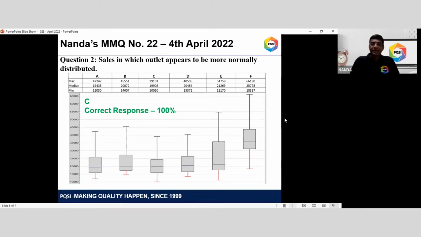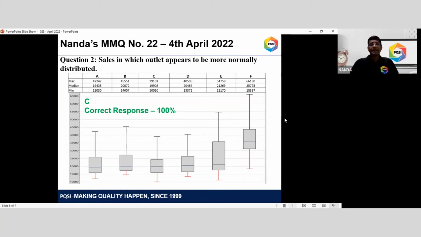Well, as expected, this was a very straightforward question, and I'm happy that all the respondents got the answer correctly. I'm so happy that you're able to get the insights a box plot can give you. The question was: sales in which outlet appears to be more normally distributed? So the answer was C, as you rightly said.